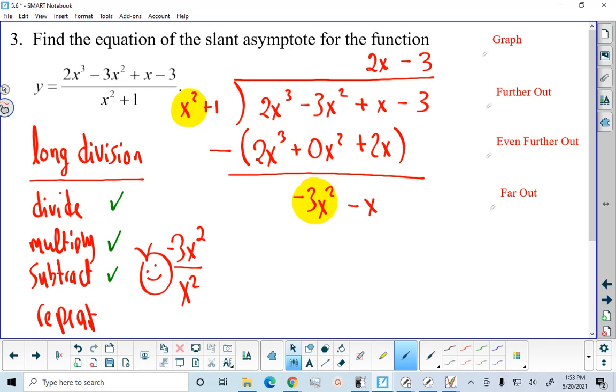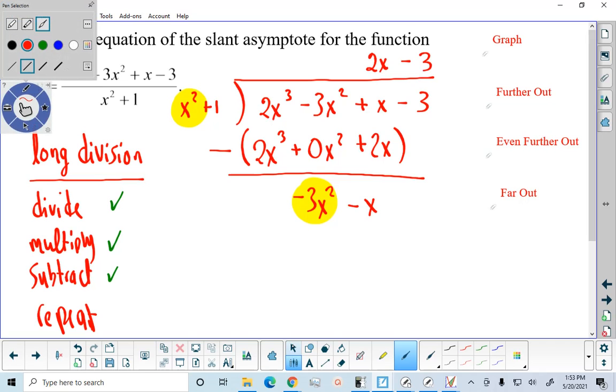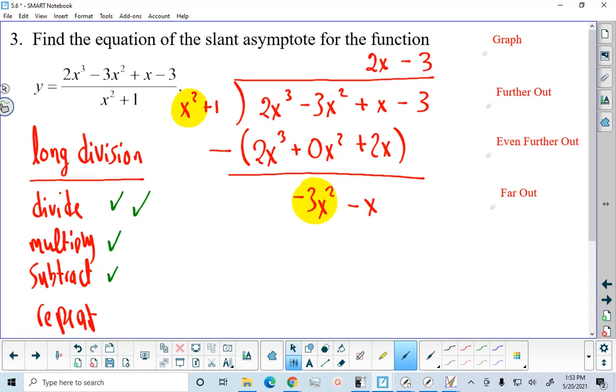So what I have done now, I'm not going to put a check mark beside repeat. I'm just going to go back up to the top. What I have done now is I've done division in my second round of steps.